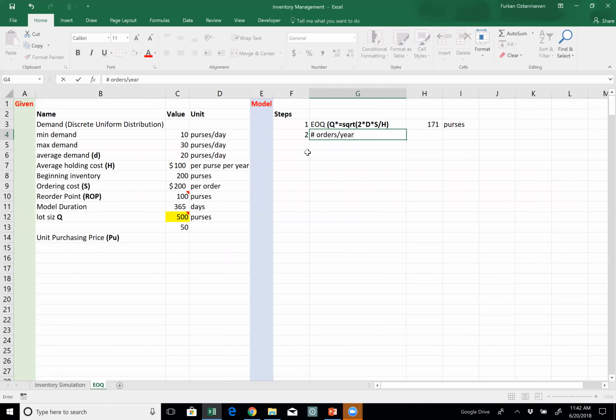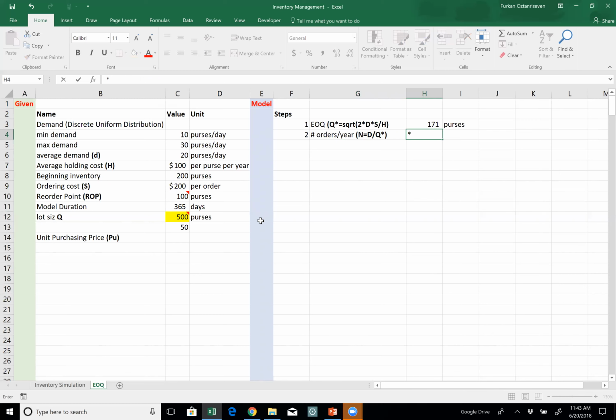I will denote this as capital N, which is equal to annual demand divided by Q star.